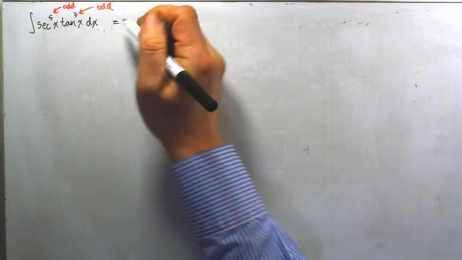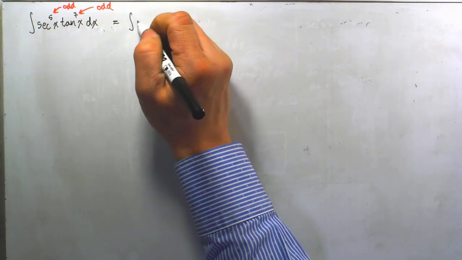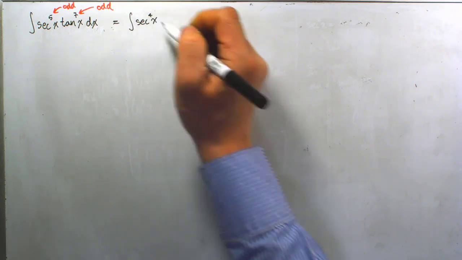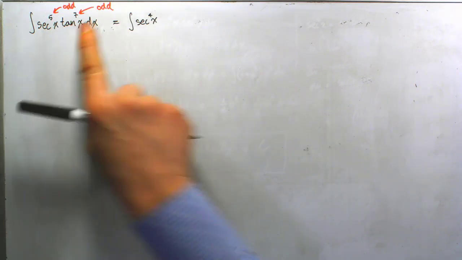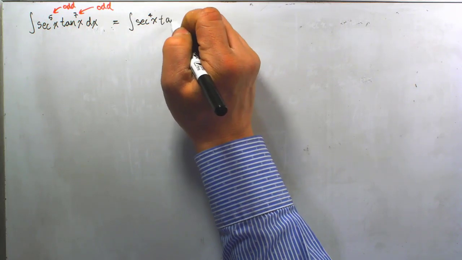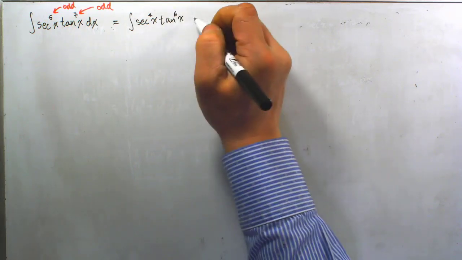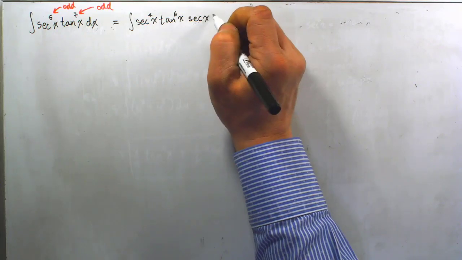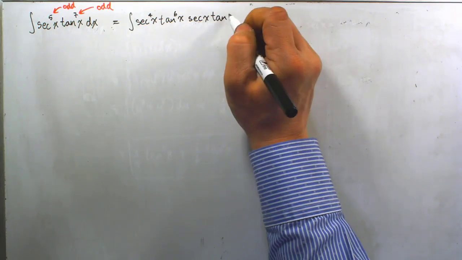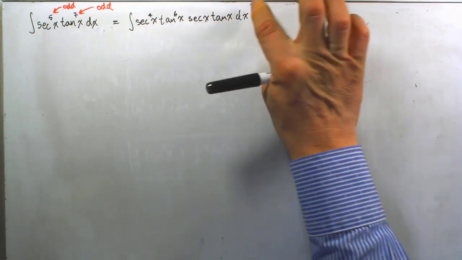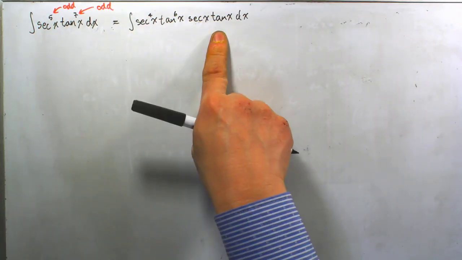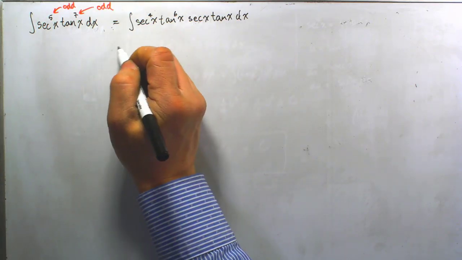And so, according to the guideline, when both powers are odd like this, we can purposely separate out. So my secant to the 5th will become secant to the 4th of x, tangent to the 7th will become tangent to the 6th of x, and I separated out a factor of secant of x and a factor of tangent of x. So this technique right here is shown in the general guidelines.